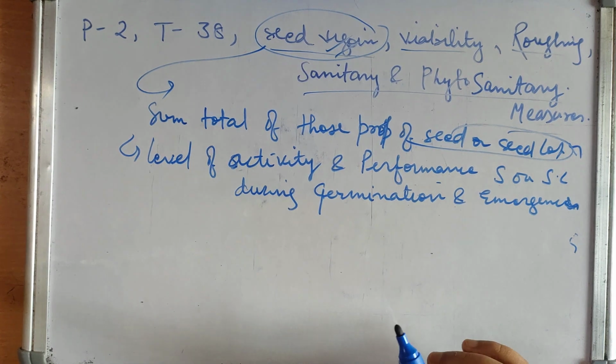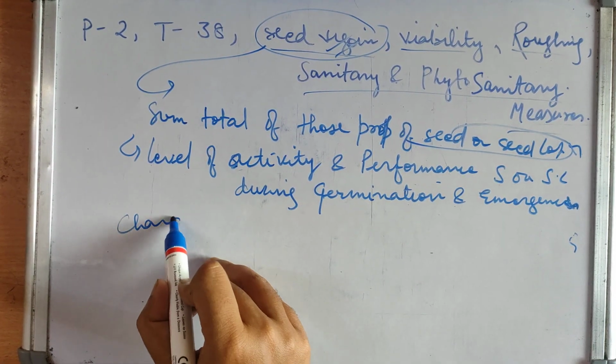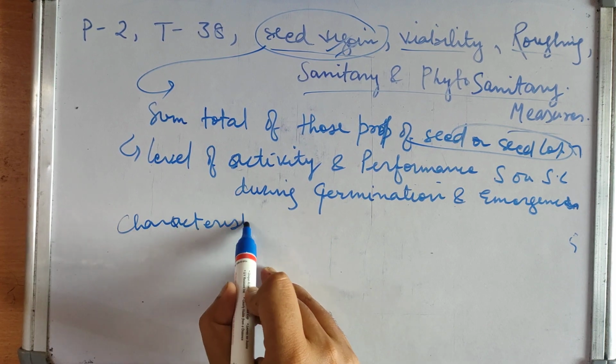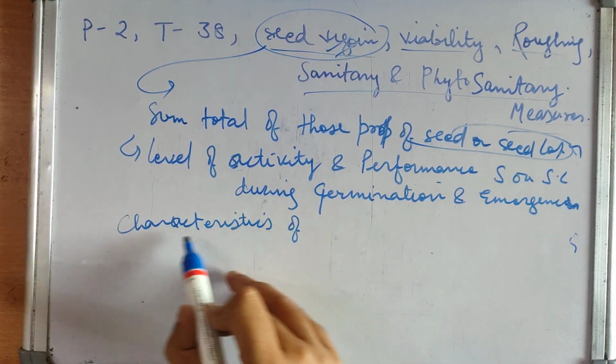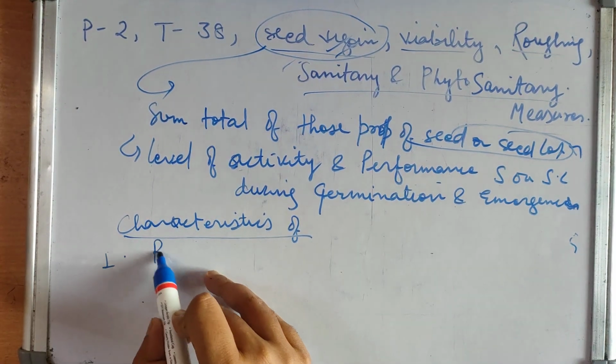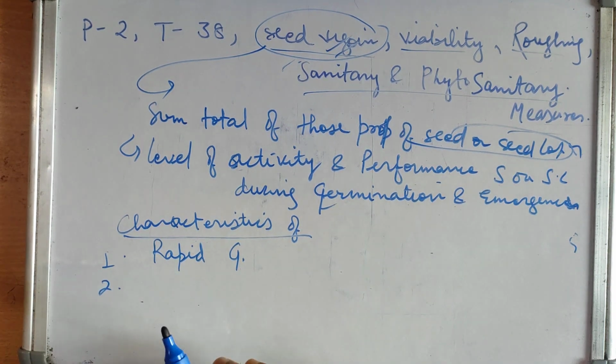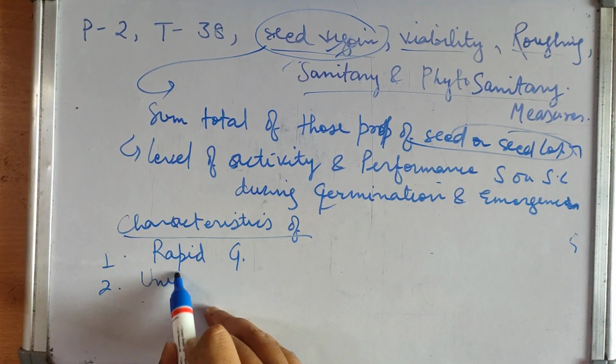Now what are the characteristics of vigorous seed? First one is rapid germination. Secondly, the seeds will be uniform.